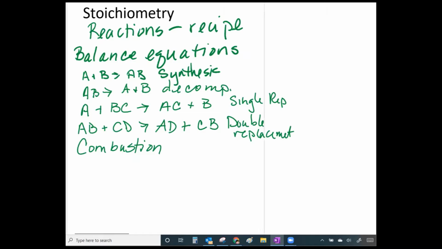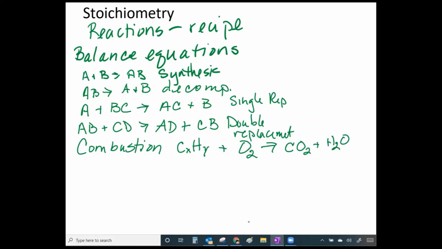All right, Dinosaur Sue, what is combustion? Combustion is when you have a hydrocarbon, which means you have some type of carbon and hydrogen and maybe an oxygen that reacts with oxygen to form carbon dioxide and water, okay?